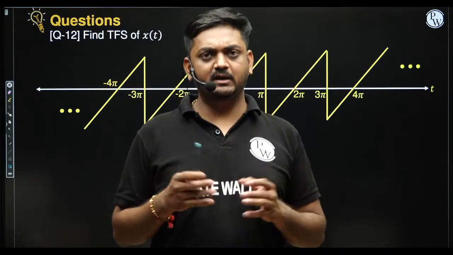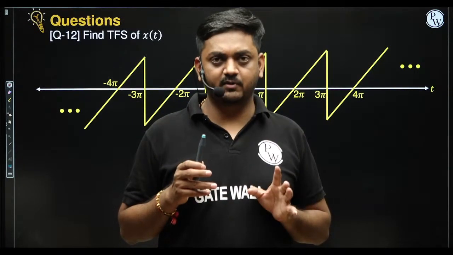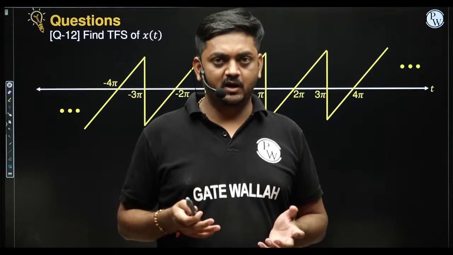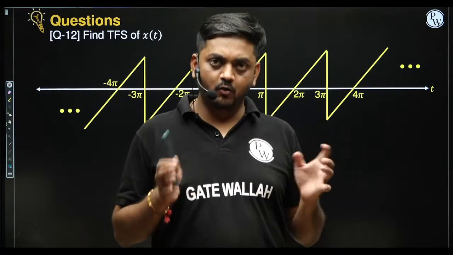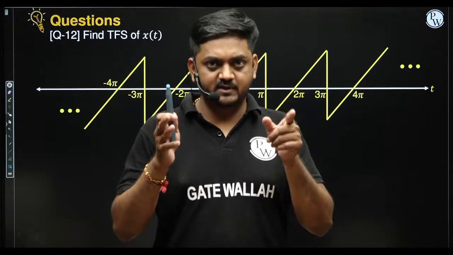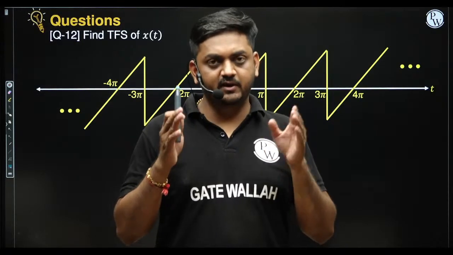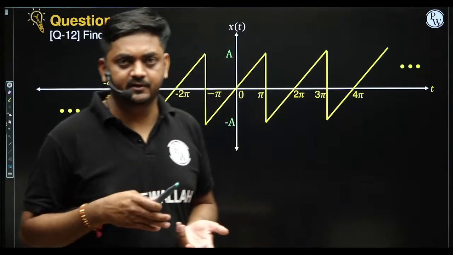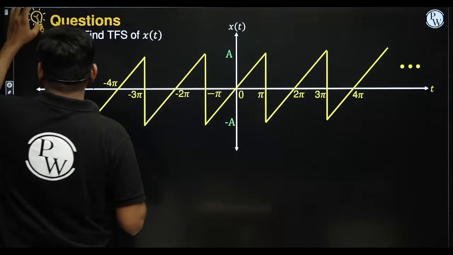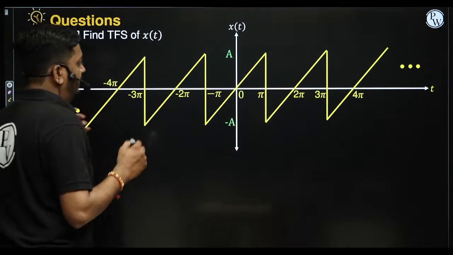We require the mathematical expression only for the fundamental time period, because in all the formulas, if you have observed, we have to do integration over a fundamental time period only, for one cycle. So that's why we need the equation only for one cycle. Of course it is periodic, that's why. Fine. So first of all we need to find the fundamental time period.